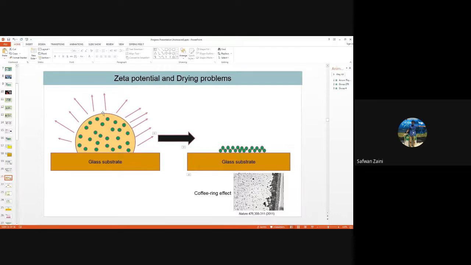The fluid will evaporate with time, and in the end there will be a deposition of particles on the glass substrate.